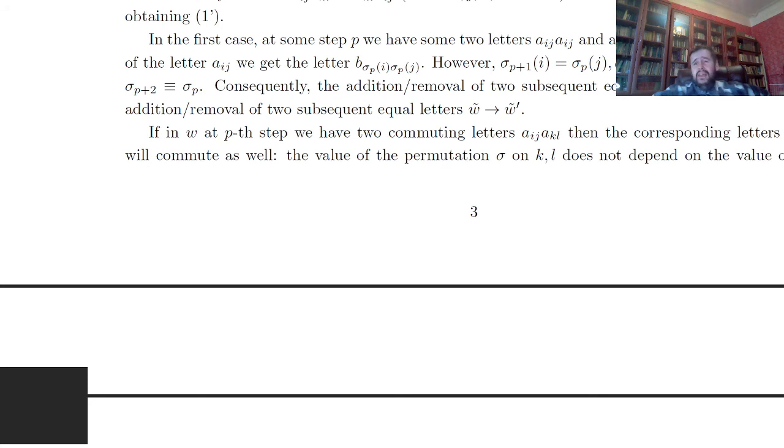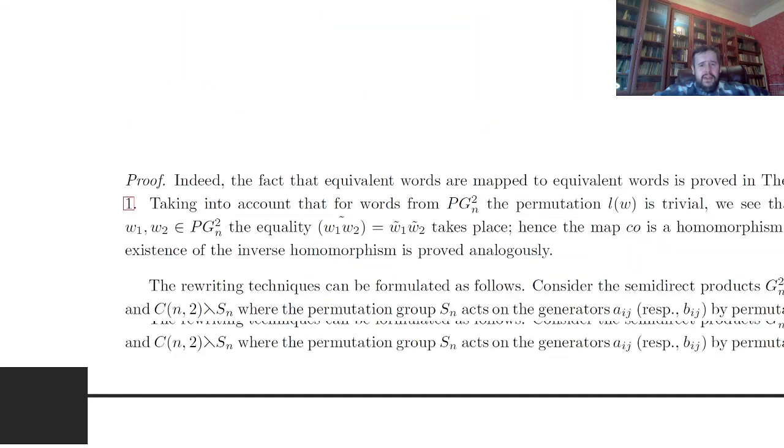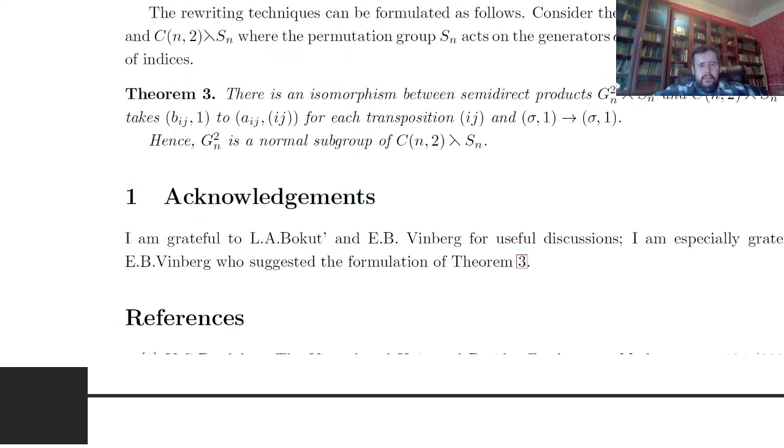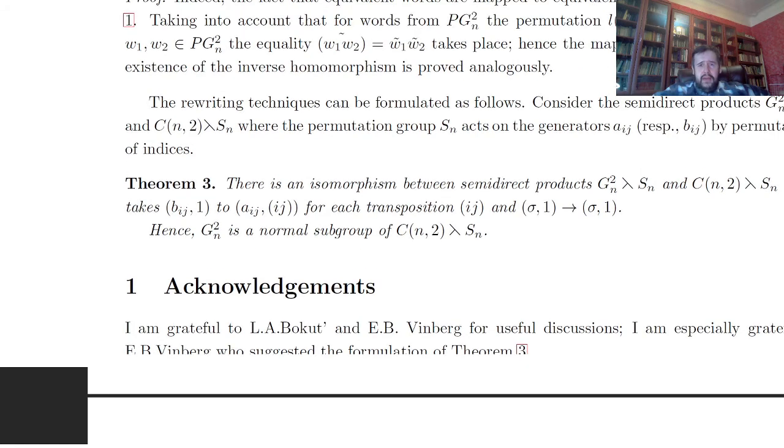And actually, in the purely algebraic level, this means that we have a certain semi-direct product, and you see here is the formulation which was suggested to me by Professor Weinberg.